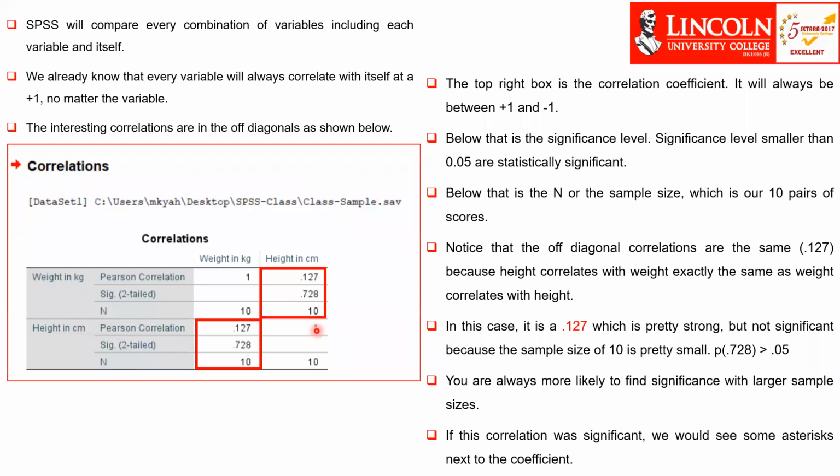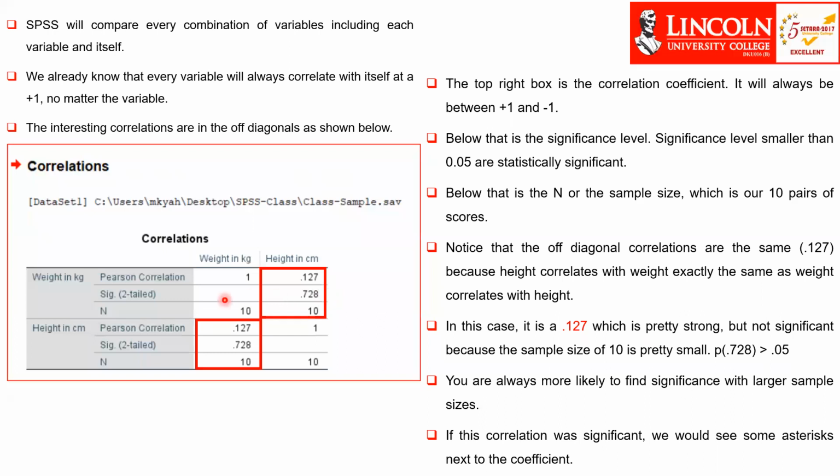Now the intrinsic correlations are in the off-diagonals. The top right box is the correlation coefficient. It will always be between positive 1 and negative 1. At the moment, we have 0.127.